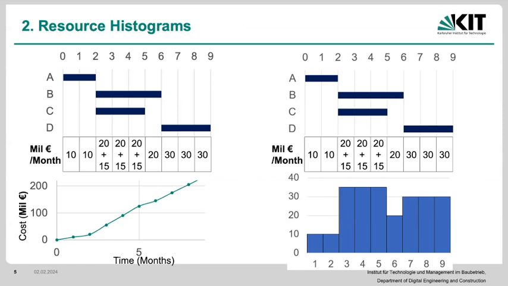Essentially, if we want to look at it in terms of the distribution, this would be the cumulative probability distribution. This would be the probability density function. Or in this case, it's just going to be a histogram because it's not going to be continuous, right? That is going to be the cost that is incurred in every month. So the first month is going to be 10, the second month is going to be 10, the third month is going to be 35, and so on and so forth, okay?